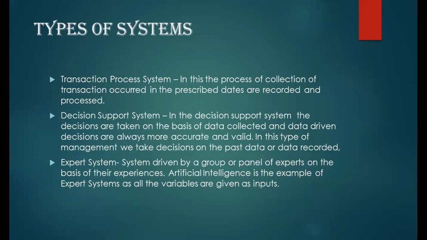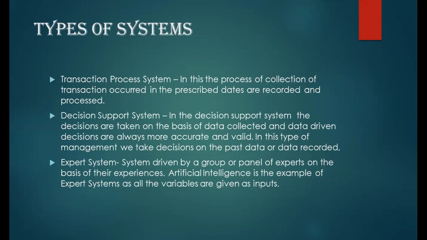Now, types of systems: basically we are talking about the types of systems available with different kinds of organizations. These organizations process their day-to-day happenings, the kinds of activities performed in a company.